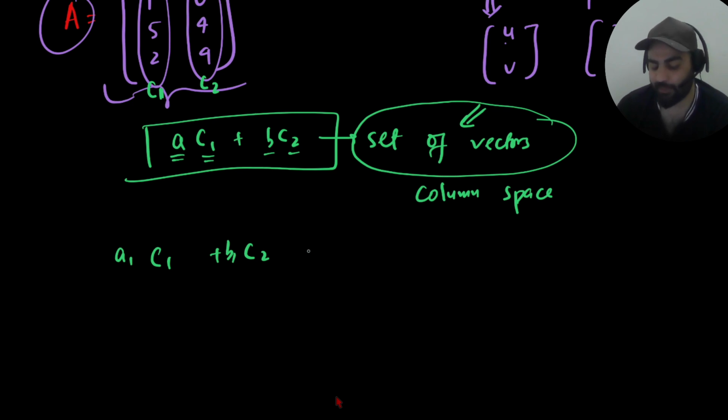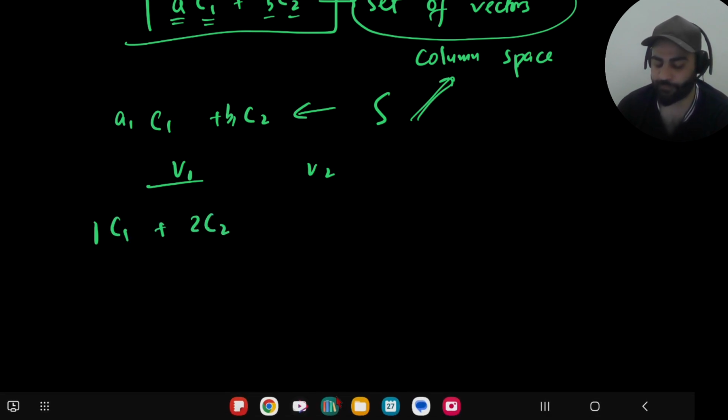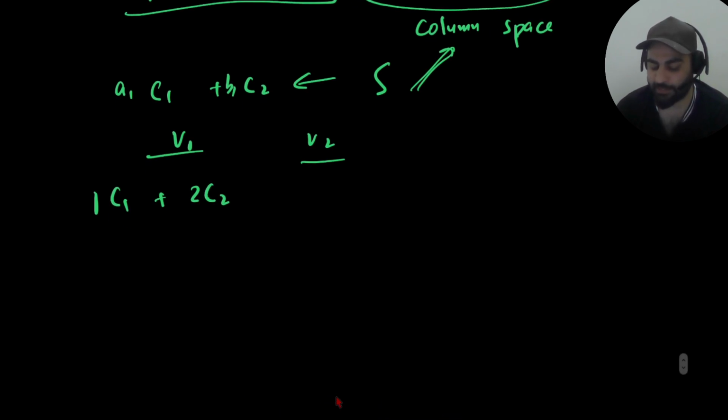S is what I call the set of vectors, which I call the column space. Let's take two random vectors v1 and v2. For v1, I'll take 1 times c1 plus 2 times c2. For v2, let's take 3 times c1 plus 8 times c2.